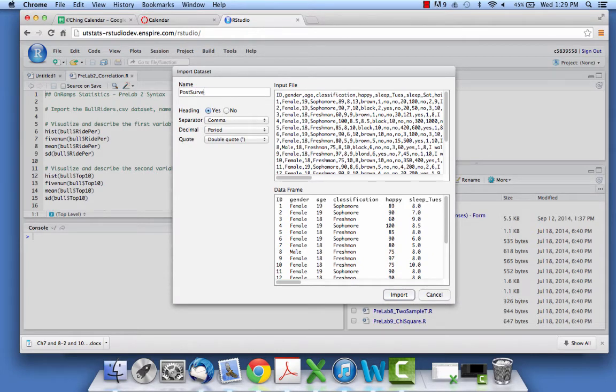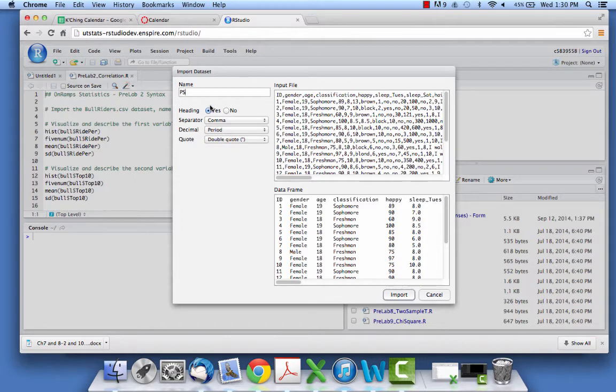So I'm going to name this PS for post survey, to save myself time in the future. I checked the headings. One of the things that happens is people ask me questions at a time when I can't answer them: they reference the headings and it gives an error, and they don't realize their headings have become V1, V2, V3 and so forth because they didn't click yes on heading.